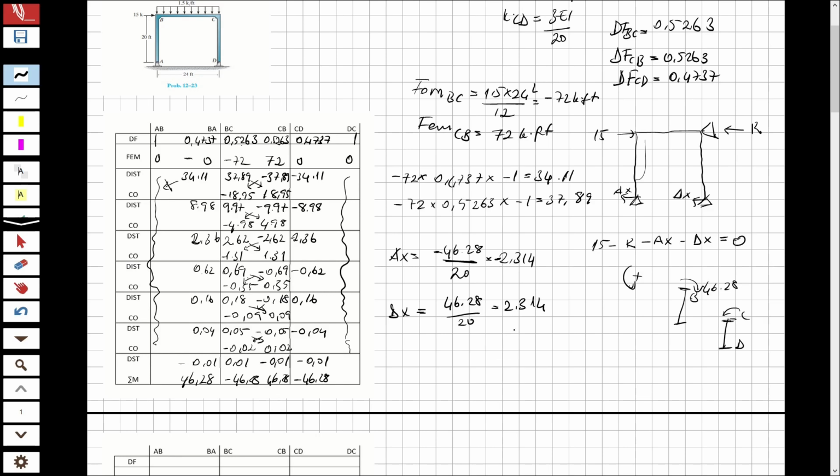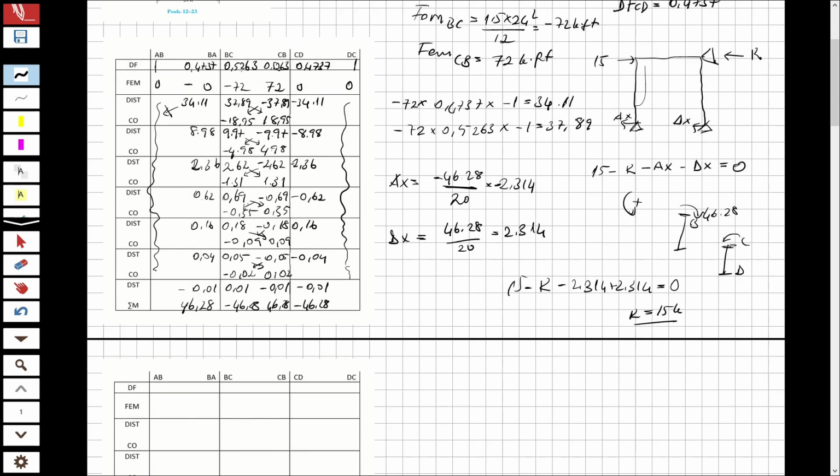So that will be something like this: 15 minus R and minus 2.314 plus 2.314. What is my R? R is equal to 15, okay? Now I find the first 15. Then I'm going to find the R prime, and I'm going to take the ratio of them. So I'm going to do it at the next part.